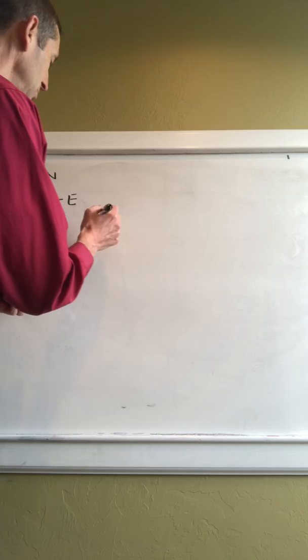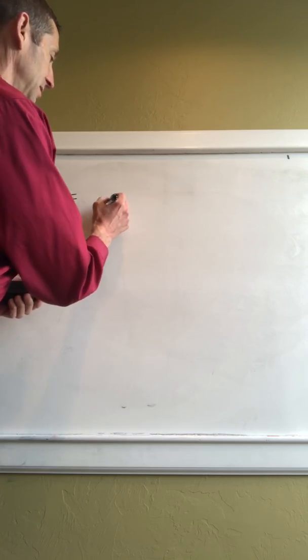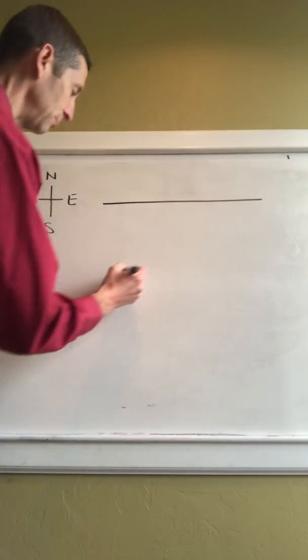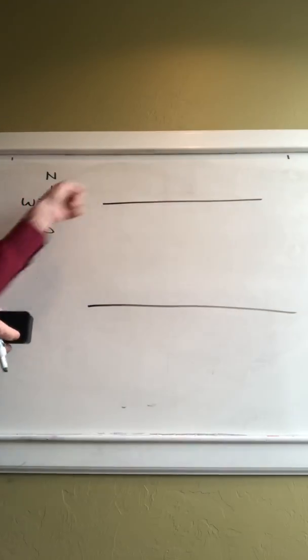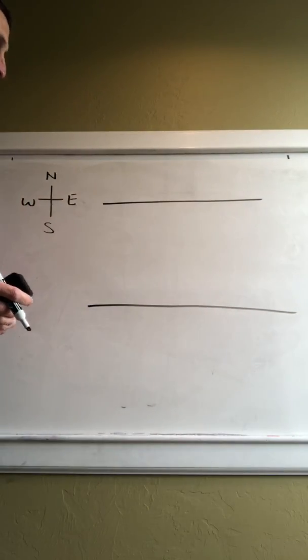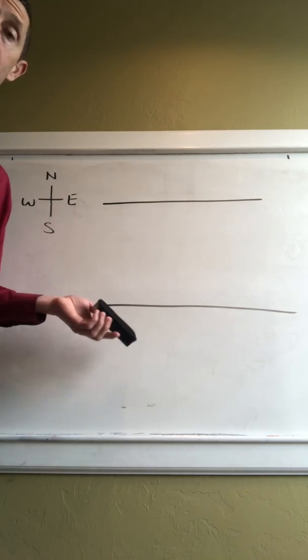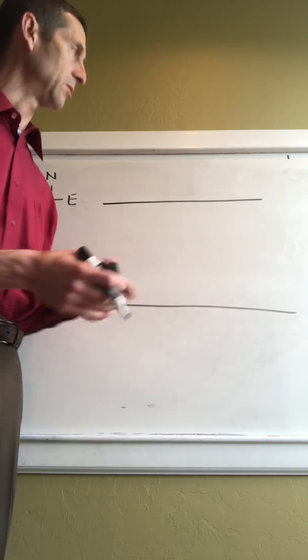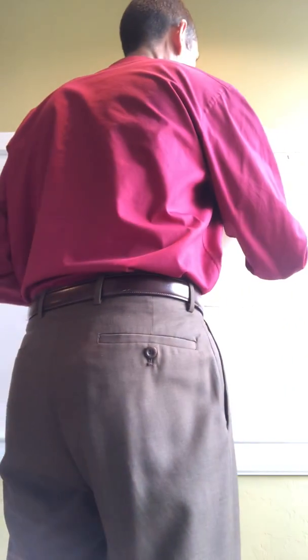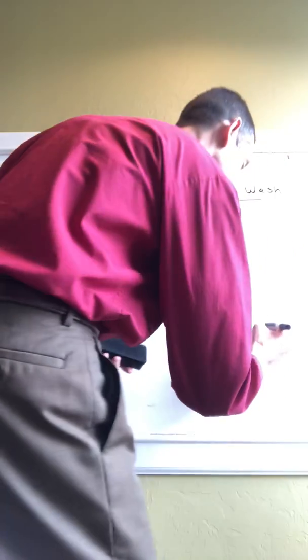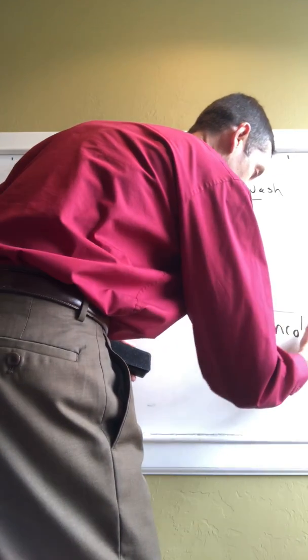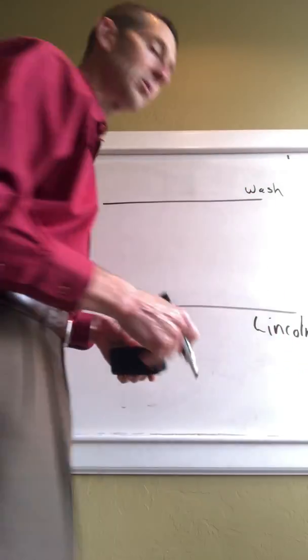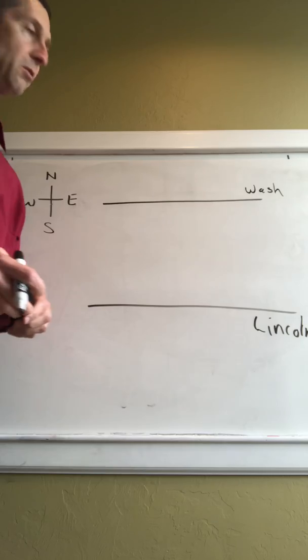So you might have two streets that say run east-west. So you've got a line running this way, you've got a line running this way, they're parallel to each other, so they're running east-west. And you'll also get to label these streets. Let's say you've got Washington Street and Lincoln Street, so you've got to label, okay, this is Washington, this is Lincoln. So on this worksheet, when you get your streets, make sure you label them.